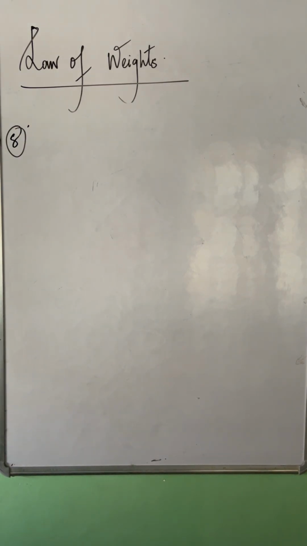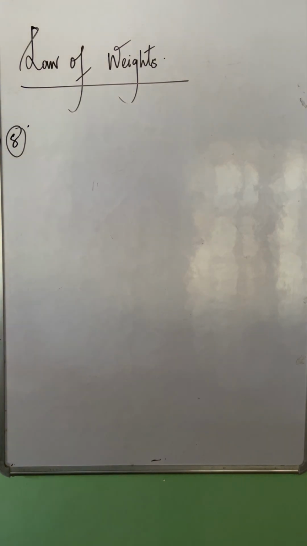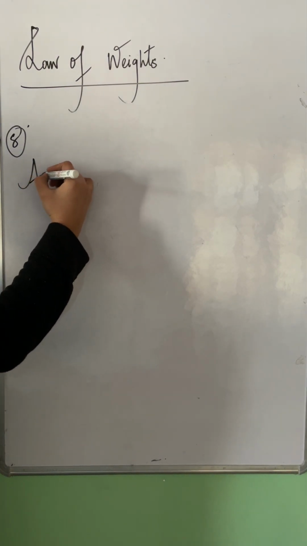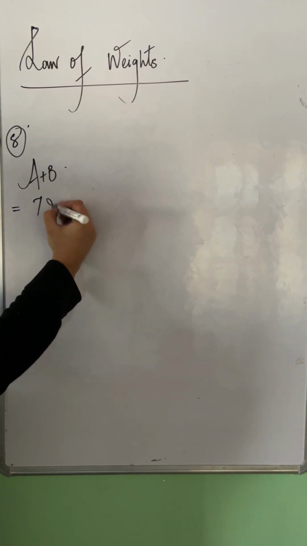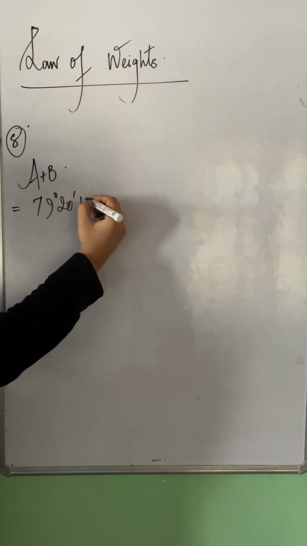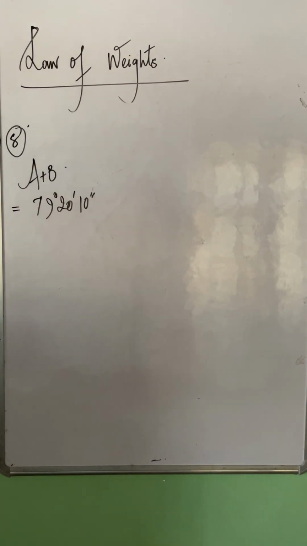The weight of an equation remains unchanged if the equation is added to or subtracted from a constant. All right. For example, this is our equation A plus B, and this has a weight of 3.